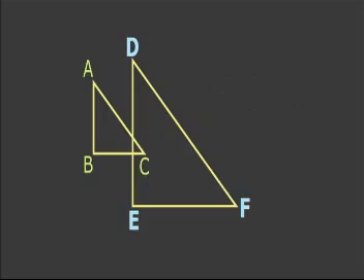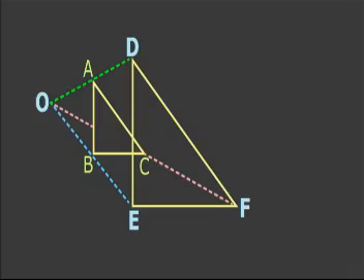Now, watch as we find the center of enlargement. We draw straight lines through A and D, B and E, and C and F. We start each line from the point of the large triangle and extend it through the corresponding point of the small triangle.